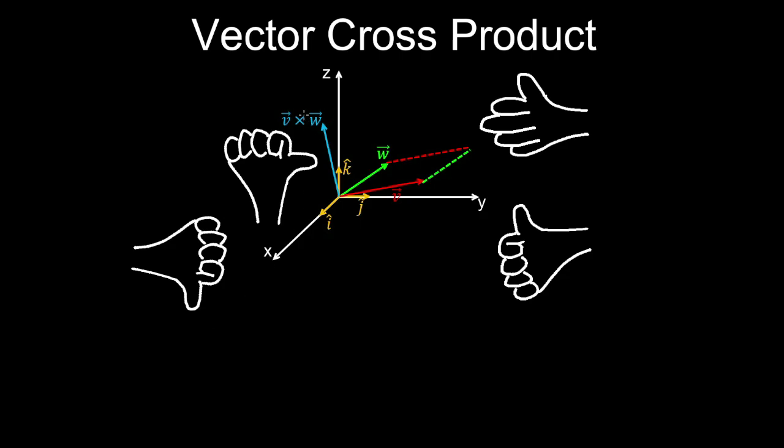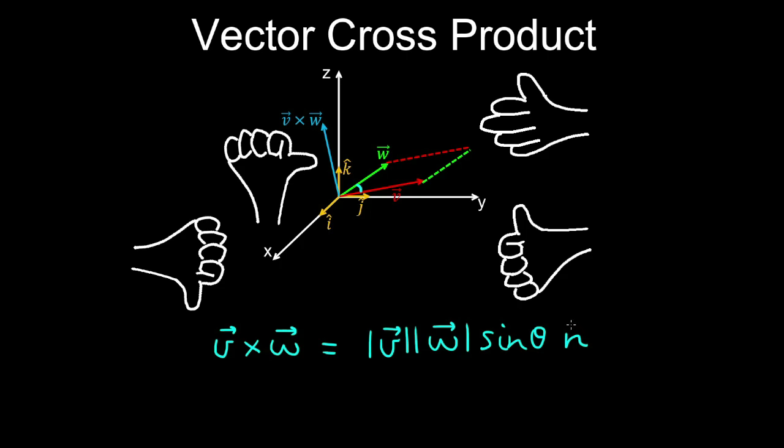We can also multiply vectors using the vector cross product, which, unlike the dot product, results in a vector. So the cross product between two vectors is defined as the product of their magnitudes by the sine of the angle between them. And the resulting vector points in a direction that's normal to the plane of both vectors.